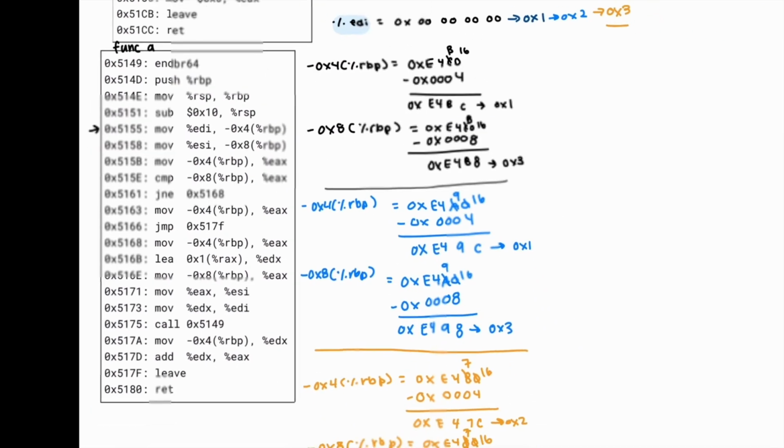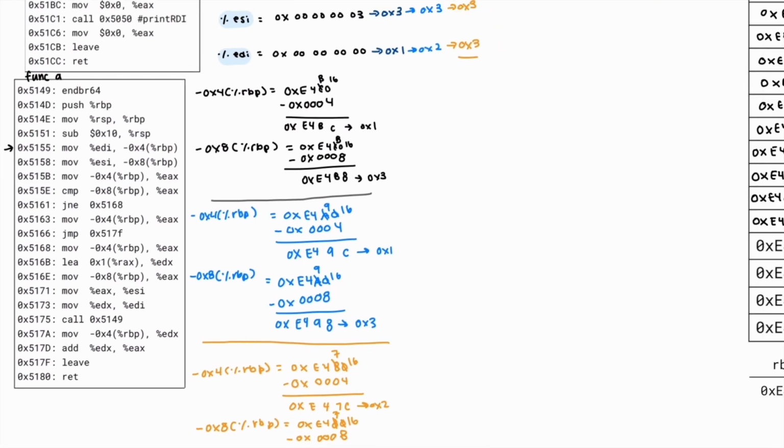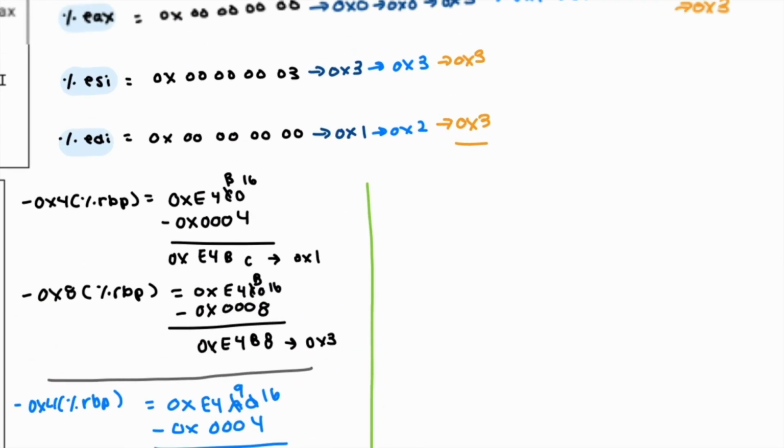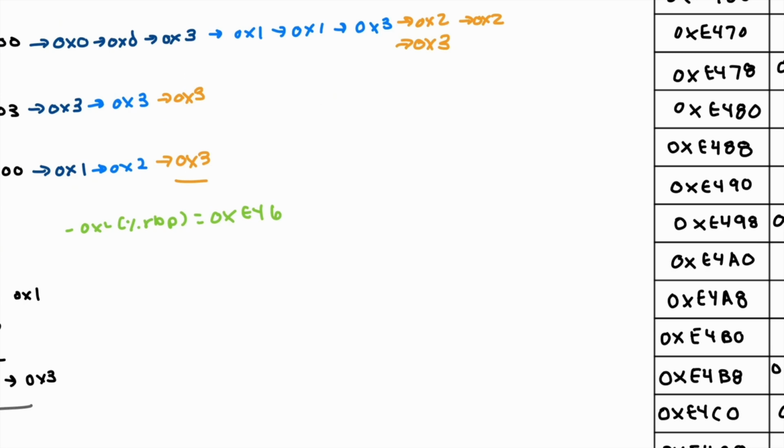We have to find that new minus 0x4 RBP and minus 0x8 RBP. Okay, so we're going to do that. Our new RBP is at 0xe460, minus 0x4 gives 0xe45c.